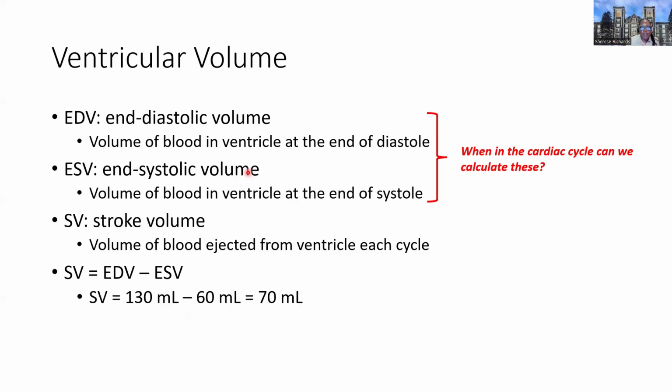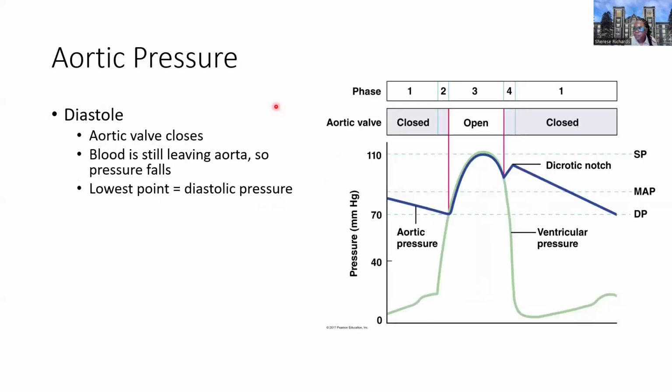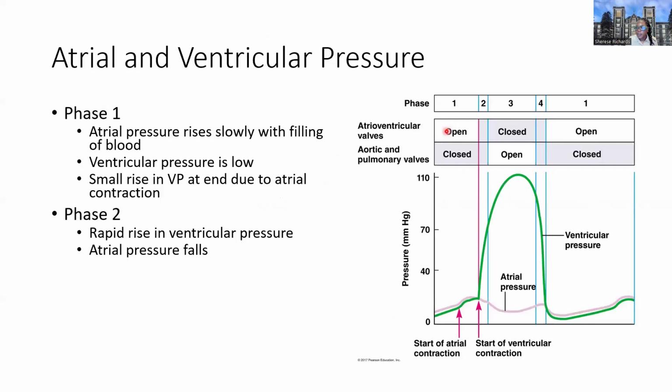Okay. So if we think about when we can detect these two readings, we can detect the end diastolic volume at the end of phase 1 or any time in phase 2. Because remember, the volume is the same in phase 2, the isovolumetric phase. Let's go back to this image here. So during phase 2, the volume is the same.